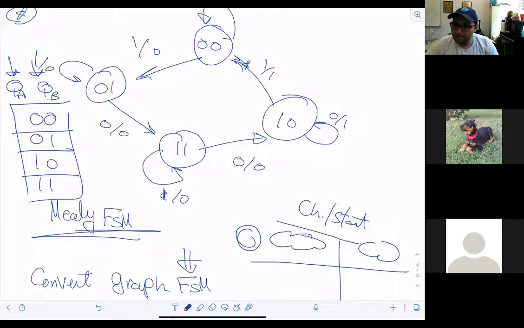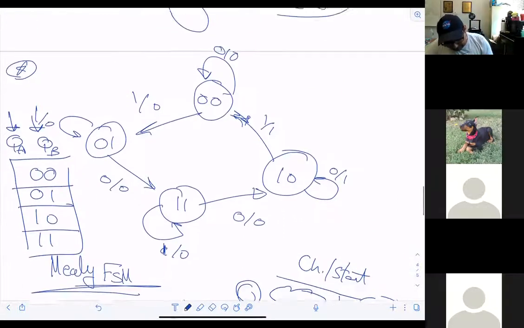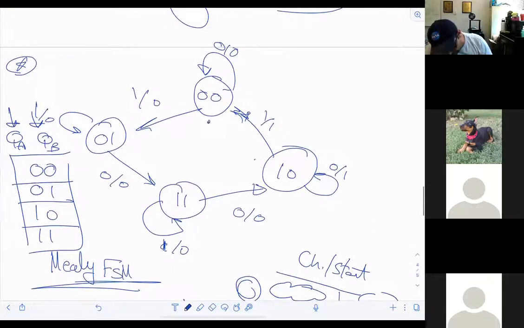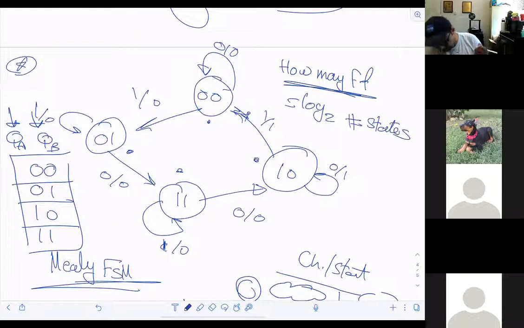Can you explain how you knew that was 2 flip-flops? Again, now you know how many states I have. 1, 2, 3, 4. Do you agree? So the rule is, how many flip-flops I need to implement this finite state machine is equivalent to log 2 of the number of states, right?